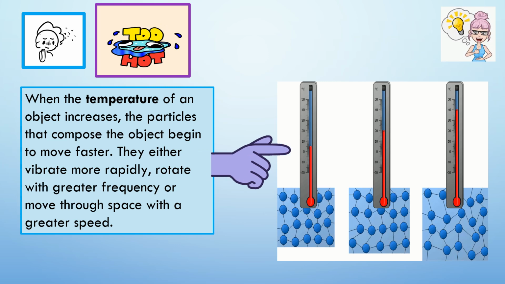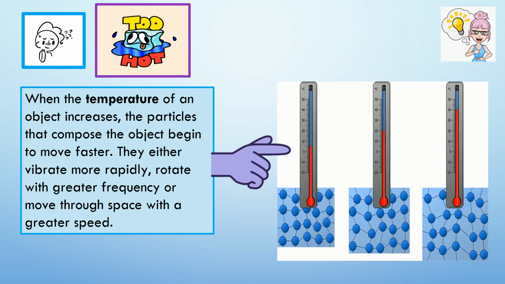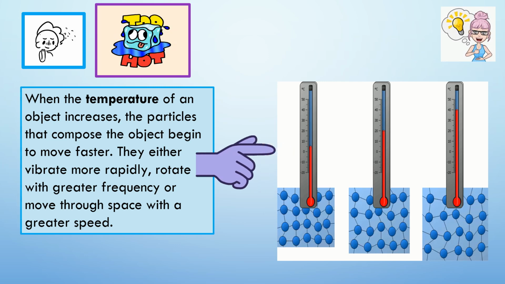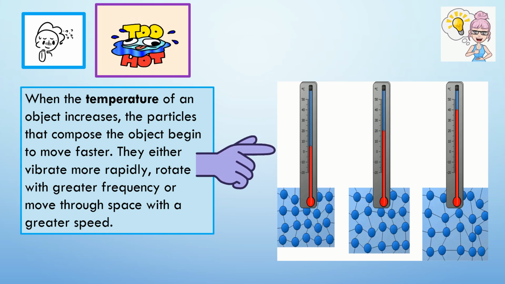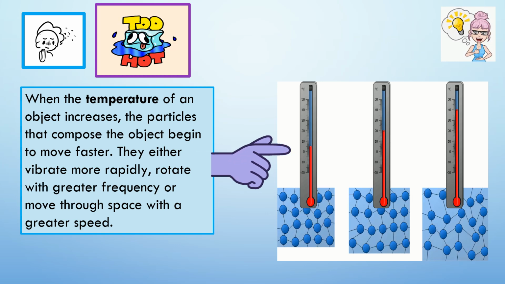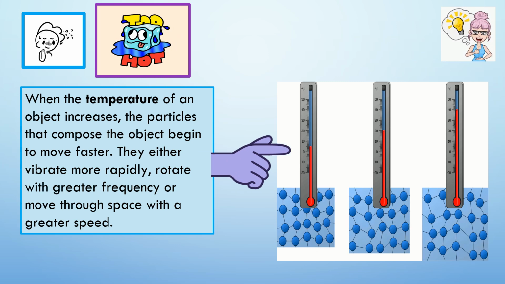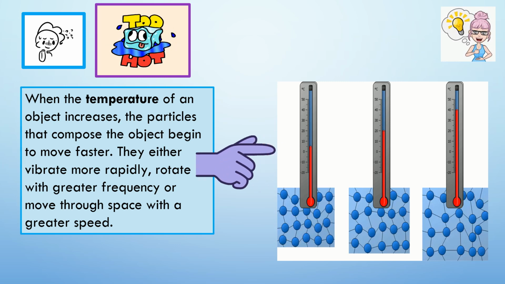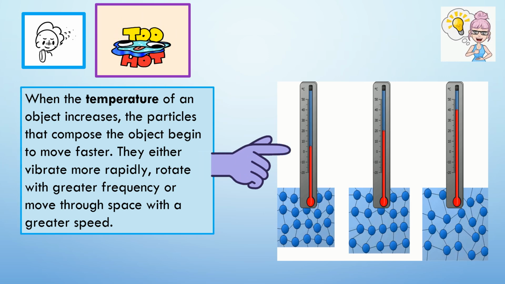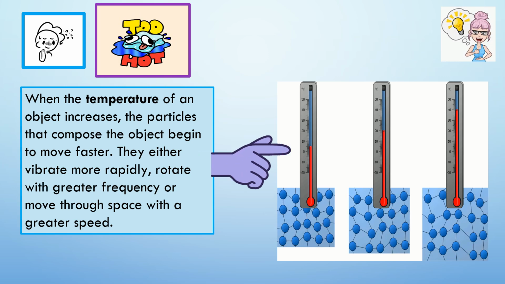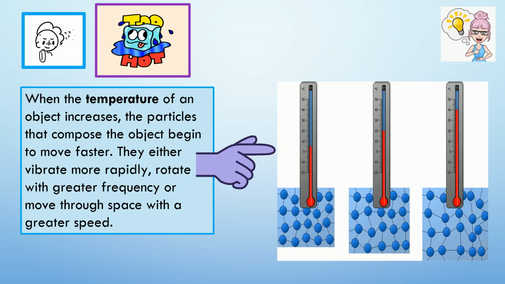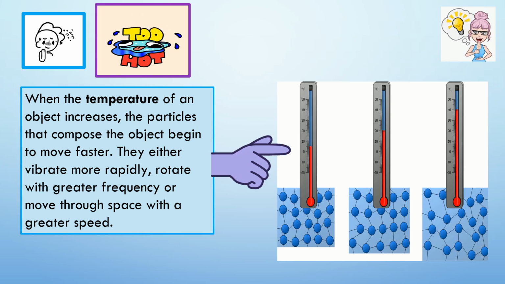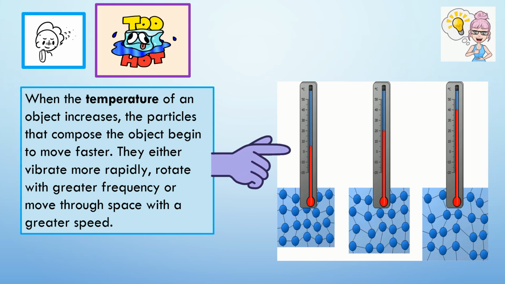Then either vibrate more rapidly, rotate with greater frequency, or move through space with greater speed. Okay? So that is the reason why kung bakit sila mabilis. Because mataas ang kanilang kinetic energy and it vibrates more. Okay, so mabilis nila na-transfer yung energy from one molecule to another, kaya mas mataas ang kanyang temperature.